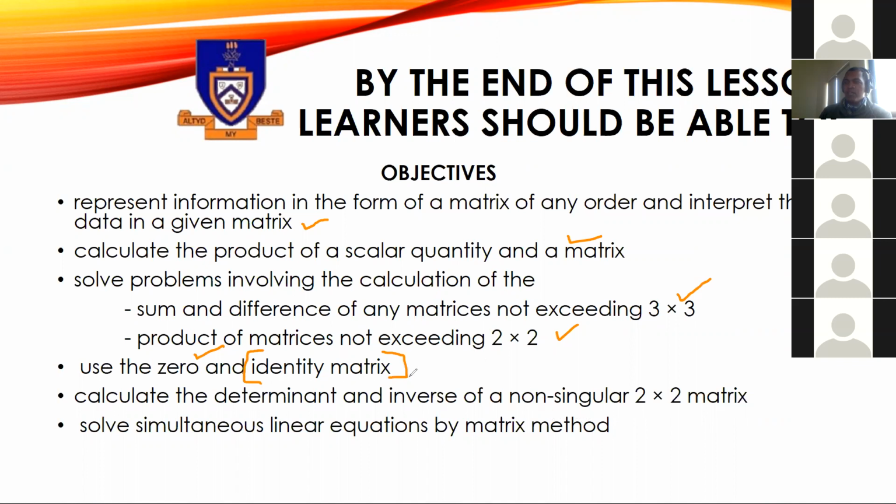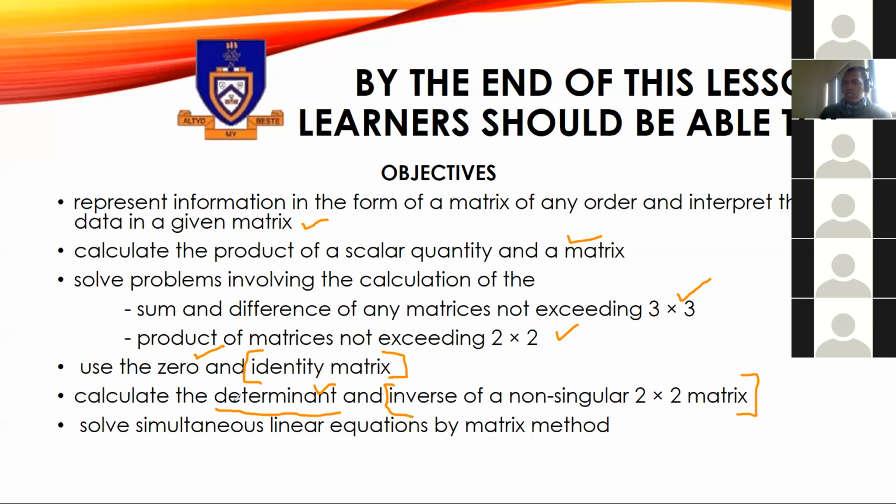That's what we have with an identity matrix. And then we say calculate the determinant of a matrix and the inverse of a non-singular 2 by 2 matrix. So we looked at the determinant. Okay, we have not yet done the inverse. All right, so the inverse is what we are going to be looking at next.